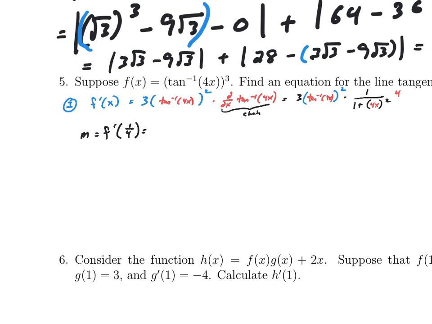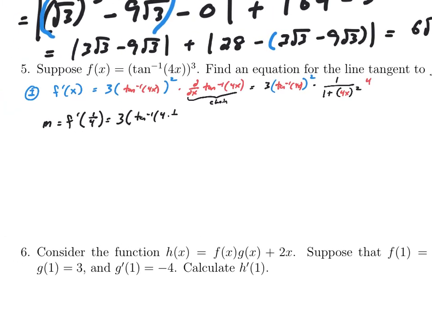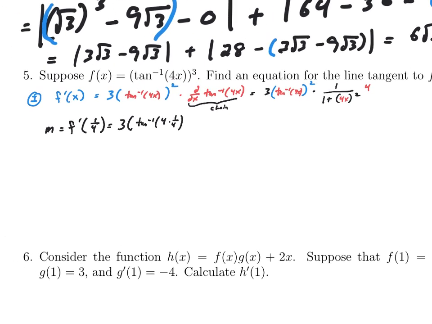So I'm going to have 3 times the arctangent of 4 times, was it 1? Yeah, 1/4. 1/4 squared times 1 over 1 plus 4 squared times 4.